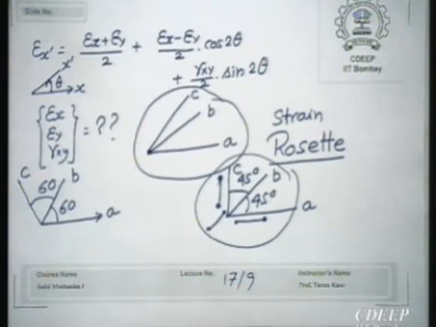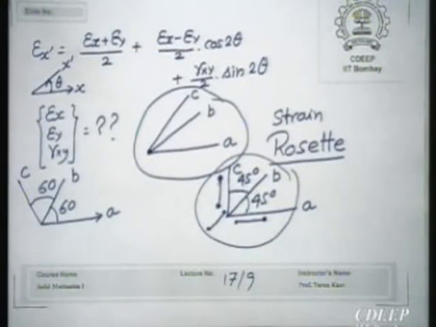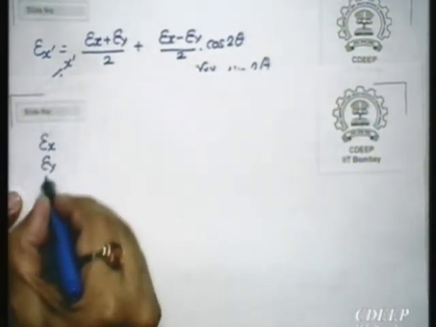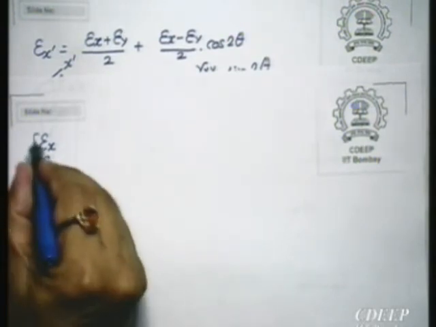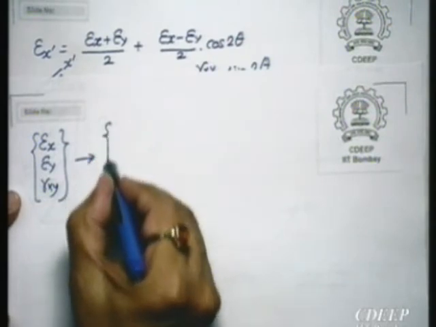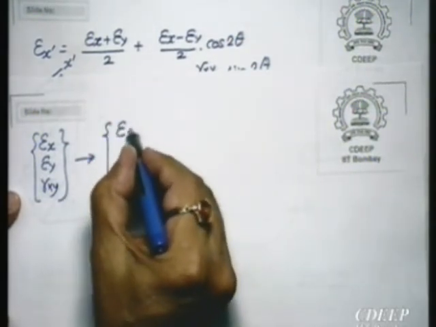So from epsilon x, epsilon y and gamma xy, please go and find out the principal strains.